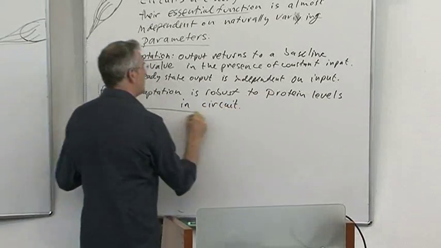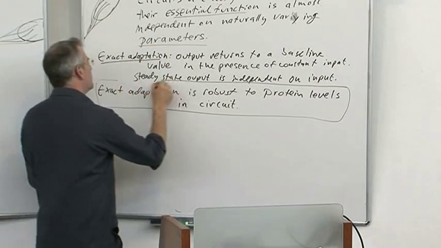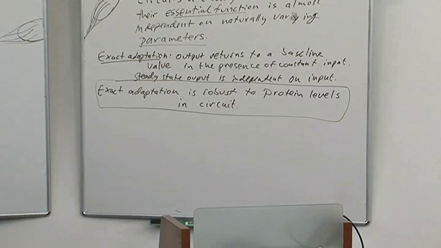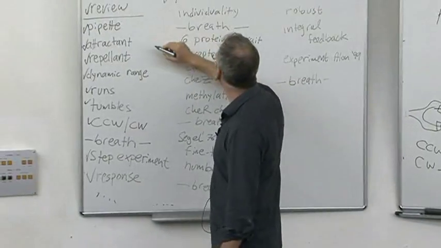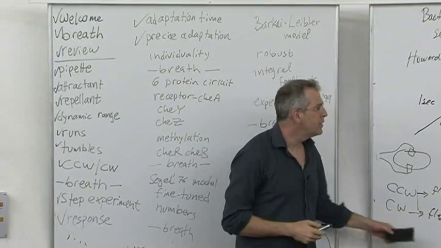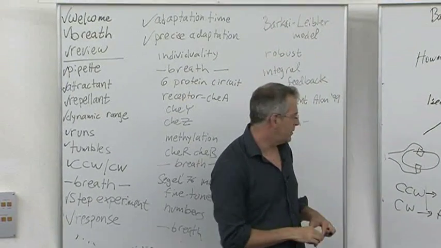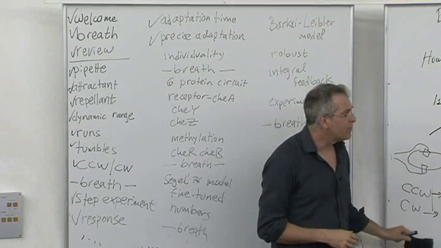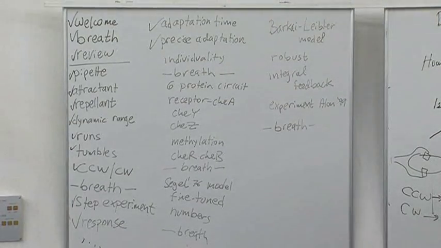But we'll see that in a second. I'm just giving you the answer so that you can relax. This is the step experiment: response, adaptation time, precise adaptation. Okay, we're doing very well. So I guess I can tell you another little thing about the bacteria before we look inside of them.